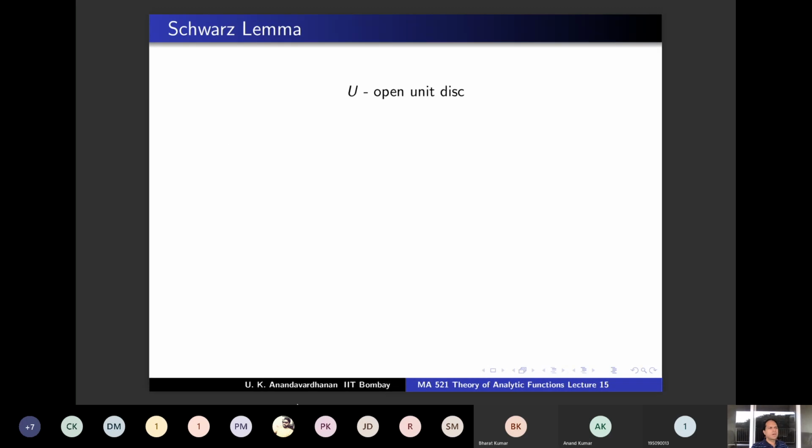So Schwarz lemma is a lemma about the open unit disk, all z in C such that mod z is strictly less than 1. And this is just a notation: H infinity is the set of all bounded holomorphic functions on U, the open unit disk. Then you can introduce this norm: the norm of f is the supremum of mod f(z), z in U. This supremum exists because you are considering only bounded functions.